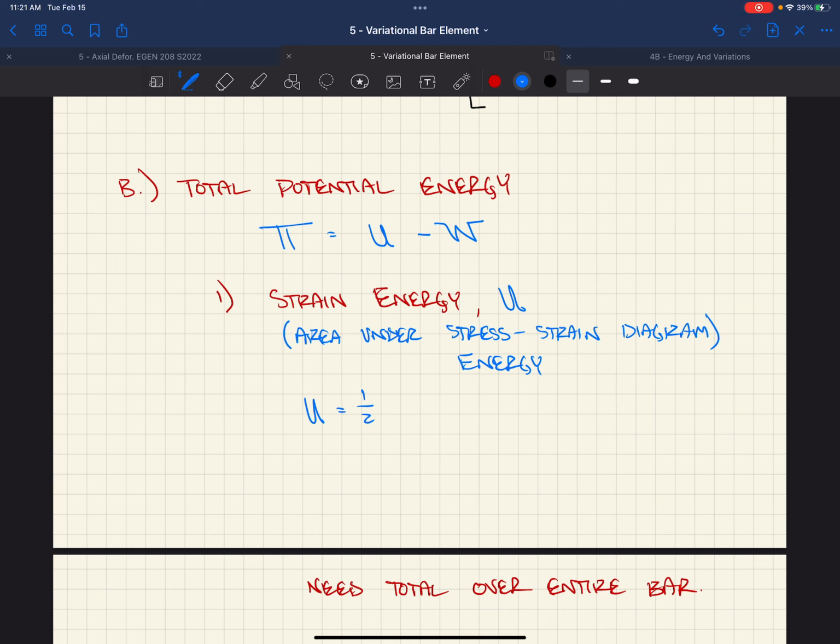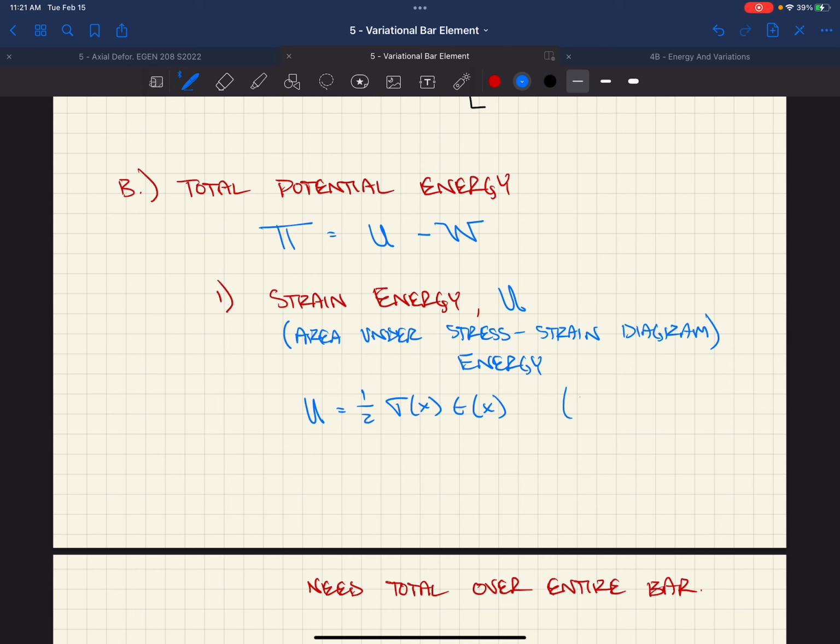Well, if we're linear elastic, it's going to be very similar to our spring. So we have 1/2 the stress as a function of x times the strain as a function of x, 1/2 base times height, the height being the stress, the base being the strain.